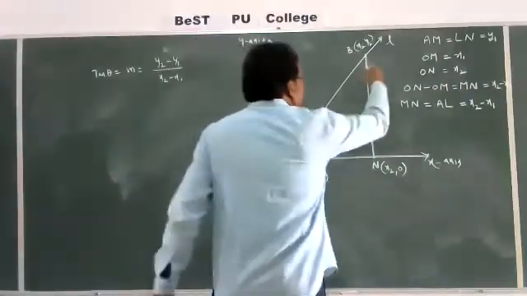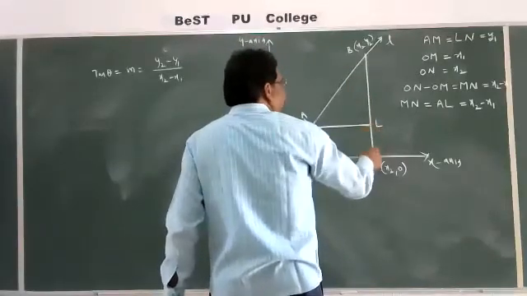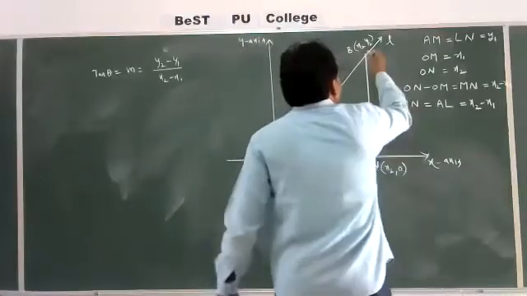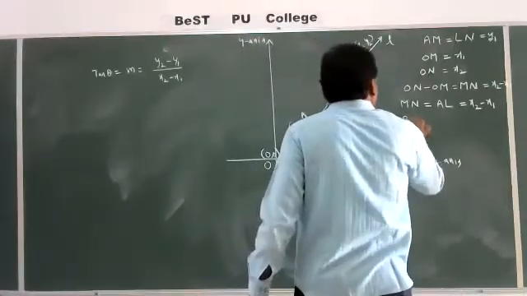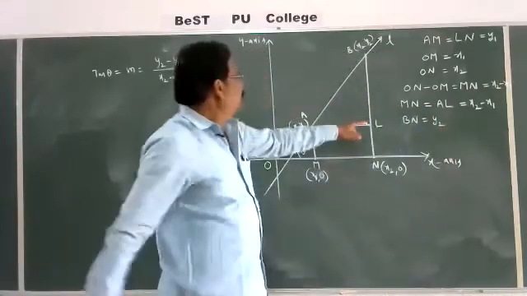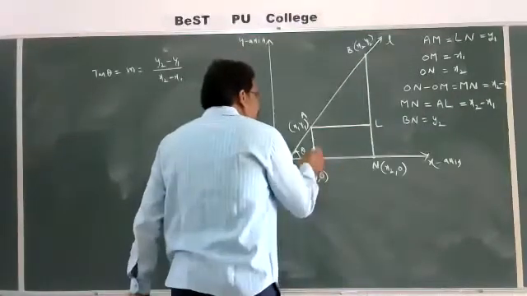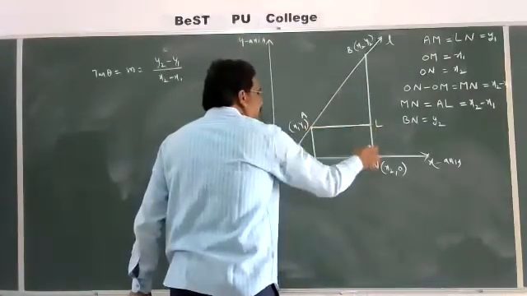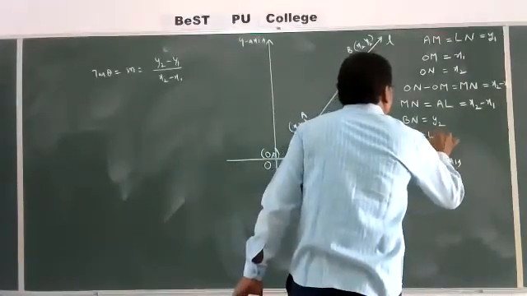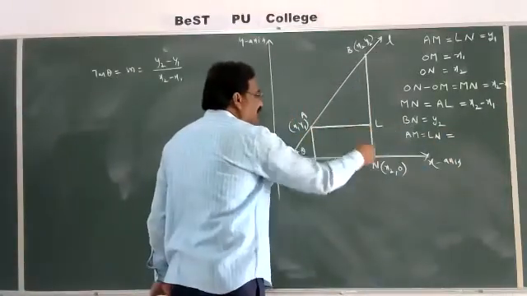Here again observe this. BN is equal to Y2. Here AM is equal to LN.